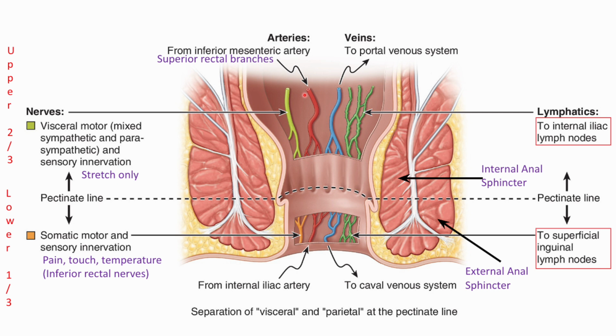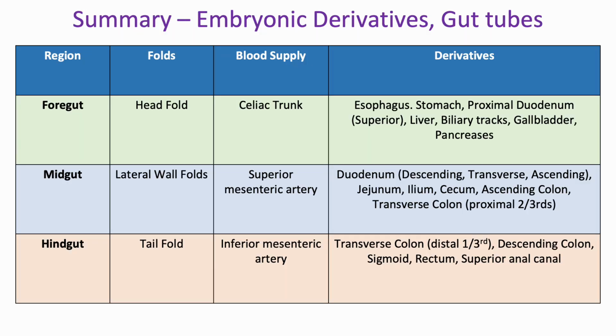So the entire region above the pectinate line is going to have very specific arterial and nervous supply, whereas the region below the pectinate line is going to have a different arterial and nerve supply, as well as lymphatics and venous drainage, and that is because it's derived from the ectoderm as opposed to the hindgut endoderm. Okay, so you'll review this more in anatomy, but I just want to point out this is why it's so important for us to understand that everything above the pectinate line is derived from the hindgut, everything inferior to the pectinate line is derived from that surface ectoderm.